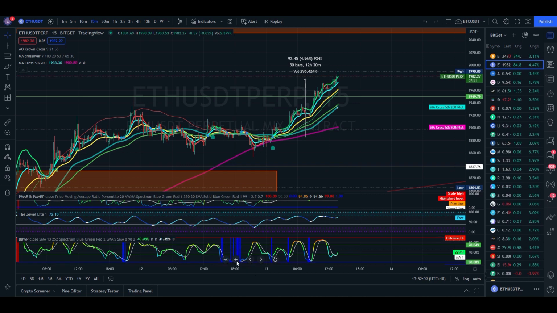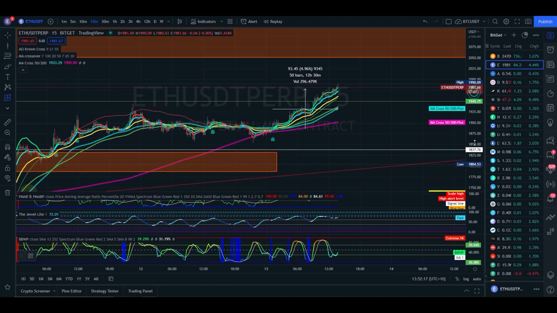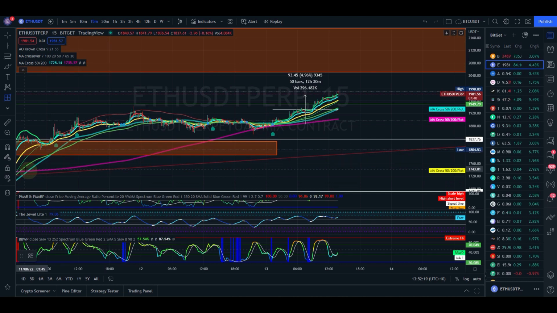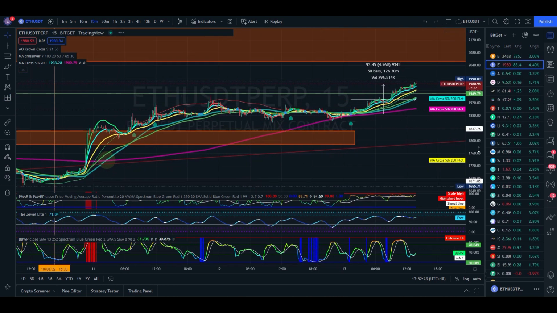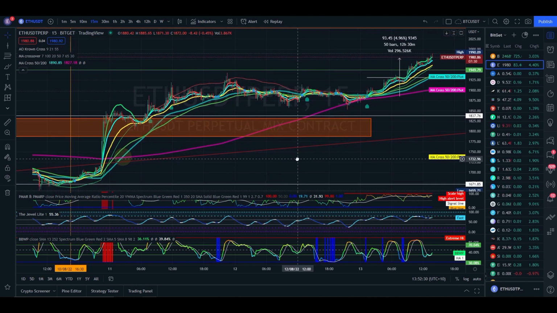So I'll go through some example trades that I have taken. We will go back to the last signal, the big signal, when it went from back down here. From the 1730, all the way up to now, you haven't had any sell signals come through from the 50 and the 200 EMA.